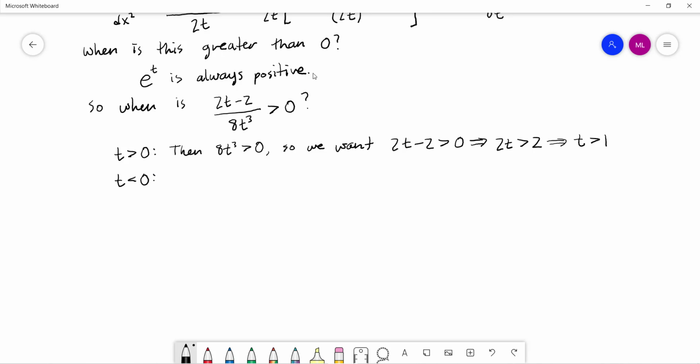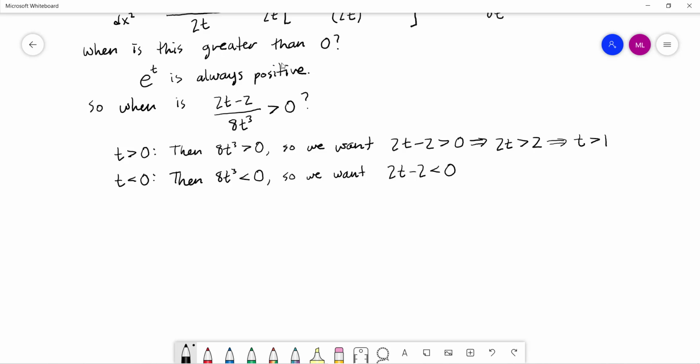What about when t is negative? If t is negative, then 8t cubed is also negative. So the denominator will be negative. The only way to make the whole thing positive if the denominator is negative is to make the numerator negative as well. So we would want 2t minus 2 to be less than 0.